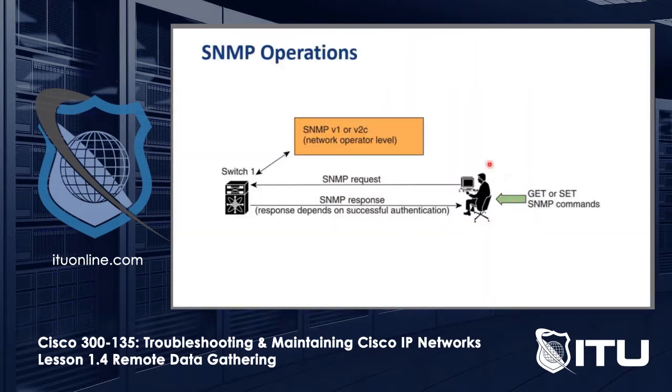So you can see that we have somebody sitting here with an NMS, and on a switch, router, hub, whatever, and it doesn't have to be Cisco, it can be other kinds of vendor devices, including servers. We have some version of SNMP running, version 1 or 2C, those are the clear text ones. Anything higher, we start encrypting.